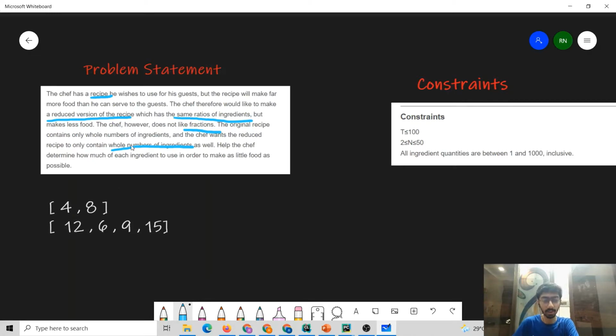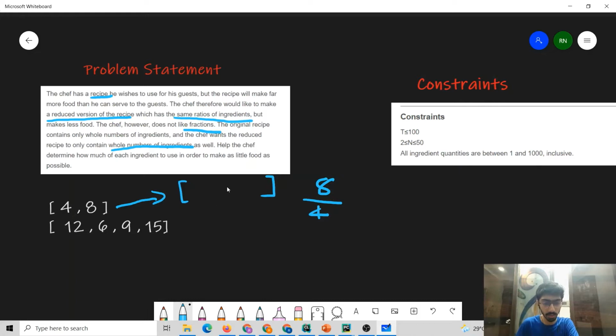So let us try to understand the problem with the help of an example. Consider that we were given an array of ingredients which was 4, 8. Now the chef has to make a reduced array such that the ratio of these two elements remains the same. Initially the ratio is 8/4.